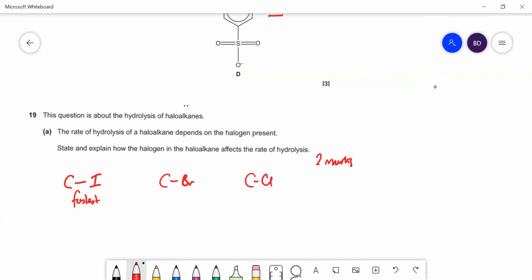So one mark for the order, and one to explain, which is because the carbon-halogen bond strength increases. For 2 marks, that's all you need to say there. I don't think you need to explain that it's a nucleophilic substitution reaction and the water's a nucleophile and so on in the hydrolysis because it's only 2 marks. You just need to say that.